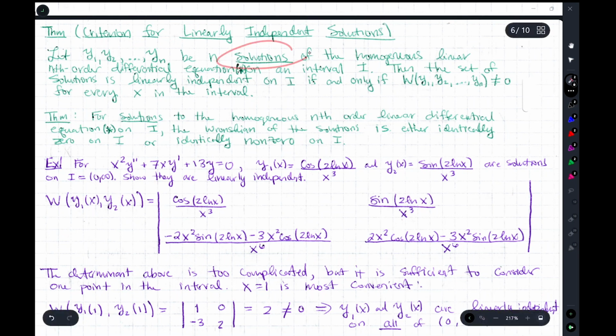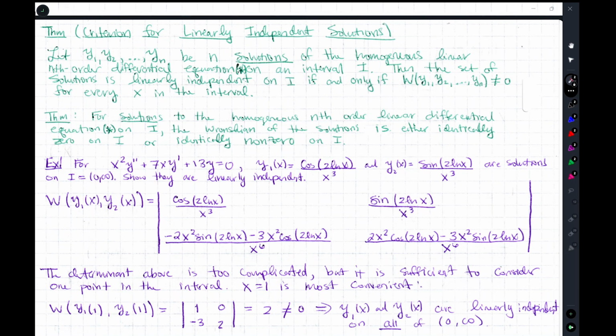And again, here it's being emphasized: solutions. For solutions to the homogeneous nth order linear differential equation on I, the Wronskian of the solutions is either identically 0 on I or identically non-zero on I. So you don't have to worry about checking every point.